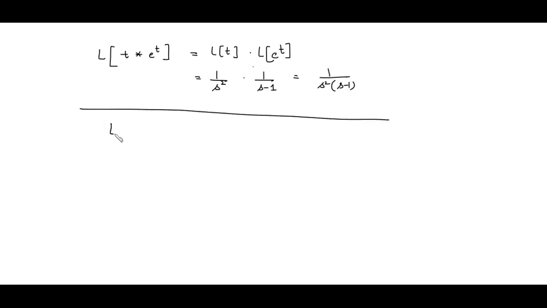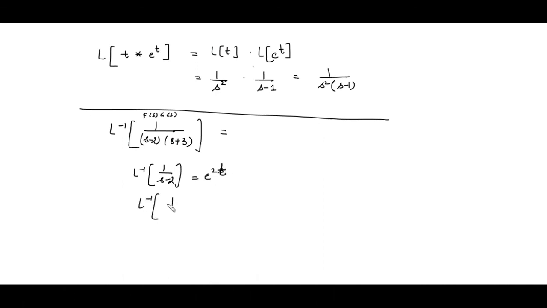One can find the Laplace inverse of 1 over (s minus 2)(s plus 3) using the convolution theorem. Using the convolution theorem, the Laplace inverse of F(s) G(s) is f convolution with g. So first of all, find the Laplace inverse of 1 over s minus 2. It is e to the power 2t.